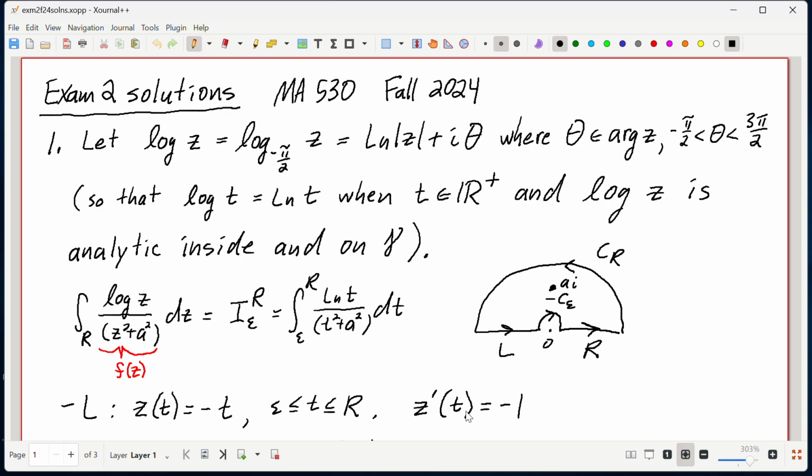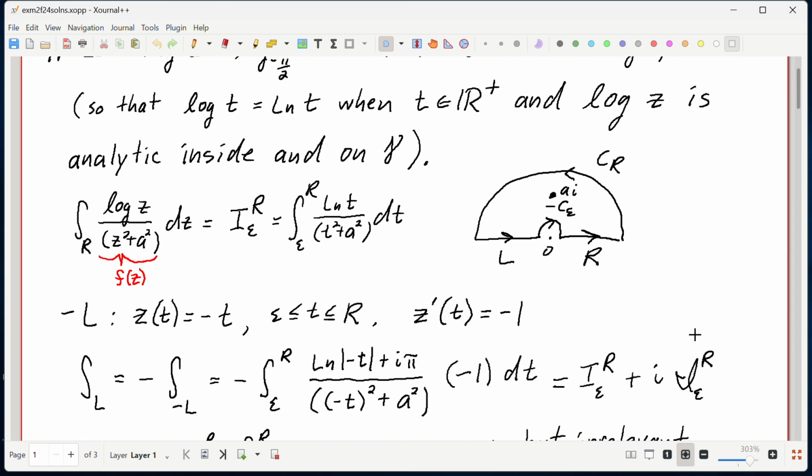The integral along the right-hand side of the real line is just the integral we want when you parameterize it with z of t equals t. So that's straightforward. The left side, there are different ways to do it. I want my integral to go t from epsilon to r.